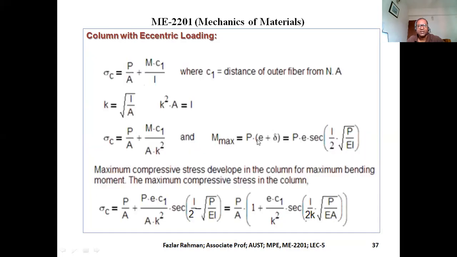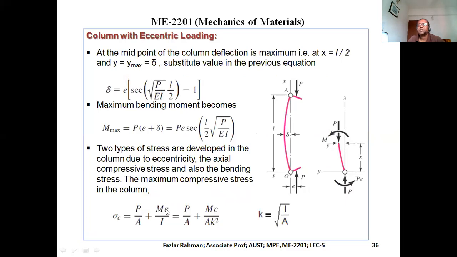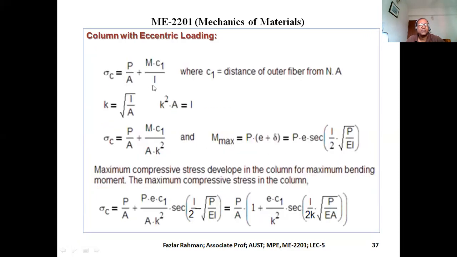Now, in our column, we have C that we use as an end condition. So instead of this C, we put another variable, we call it C1. What is C1? The distance of the outer fiber from the neutral axis.